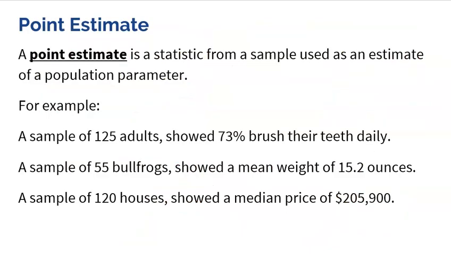So let's talk about this a little bit more specifically for statistics, not thinking about shooting arrows at a dart board. So first, we have to understand what's called a point estimate. A point estimate is a statistic from a sample that is being used as an estimate of a population parameter. So in the majority of cases in this classroom, we're looking at an x bar, that is a sample statistic, a mean from a sample that we're hoping is going to be an estimate of the truth.